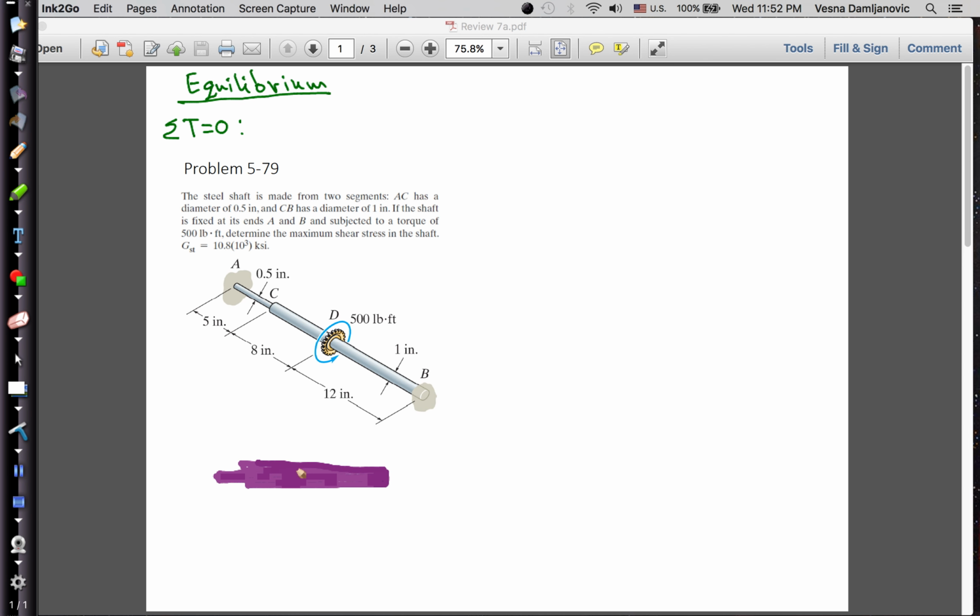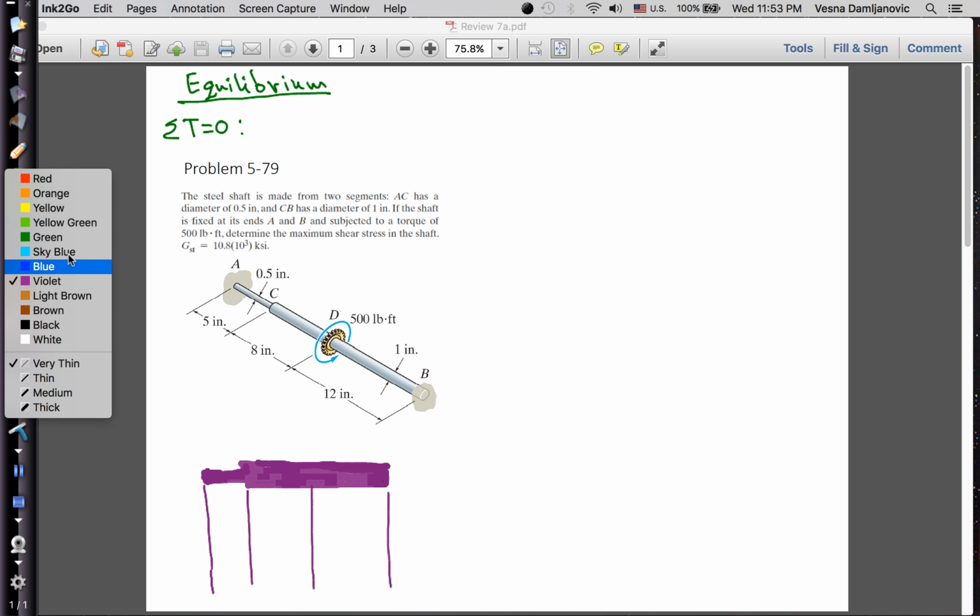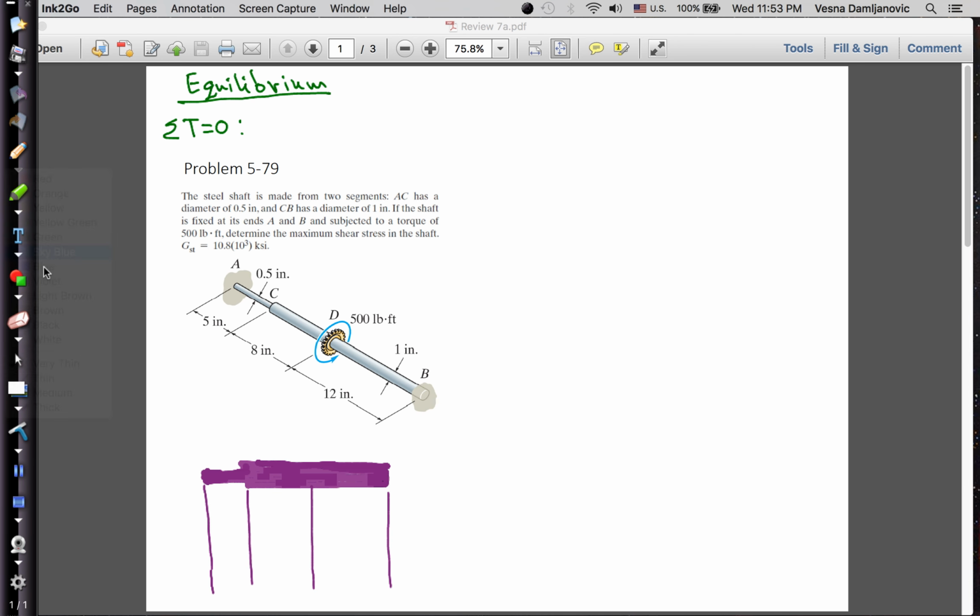Okay. Looks funny, but it works. I'm going to use a thinner pen. I don't like these thick pens, okay? And so I'm going to draw, to sketch, right? Because we don't know yet anything about this. I'm going to sketch a free body torque distribution, but not before I draw the torques, right?